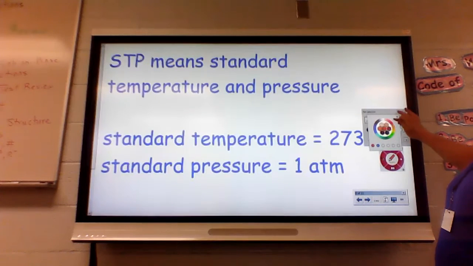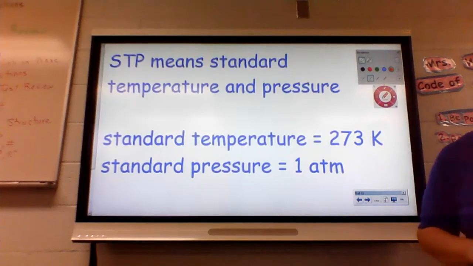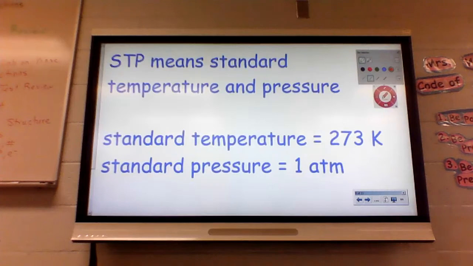All right, write this down. Now, sometimes we use shorthand because we get lazy. STP means standard temperature and pressure. So what does standard temperature mean?